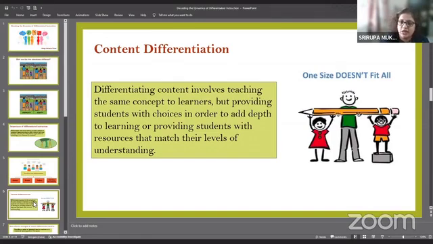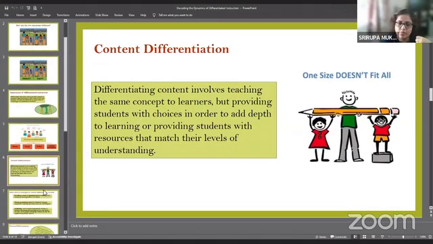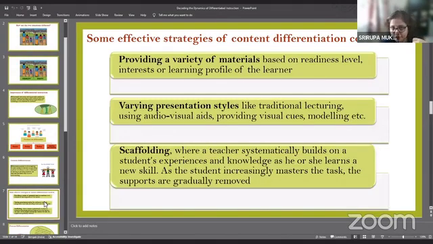We are trying to provide our students with different choices based on their needs or requirements. For that, we might have to vary the resources we provide, or take up other strategies of differentiation with the help of which the same concept can reach all the learners in a way which they can comprehend. That is what we mean when we talk about content differentiation.